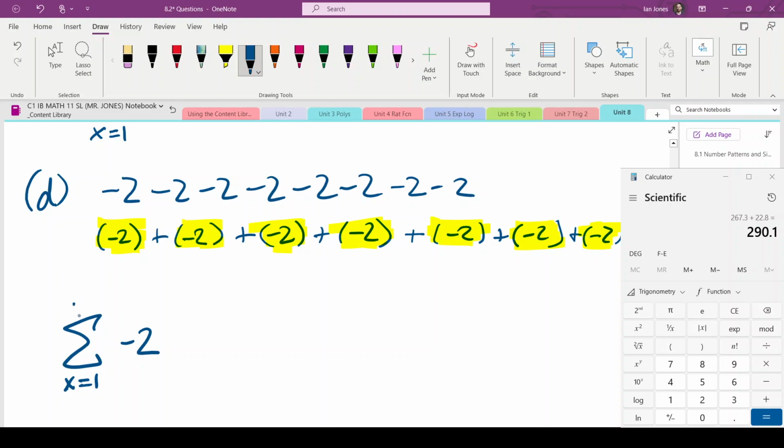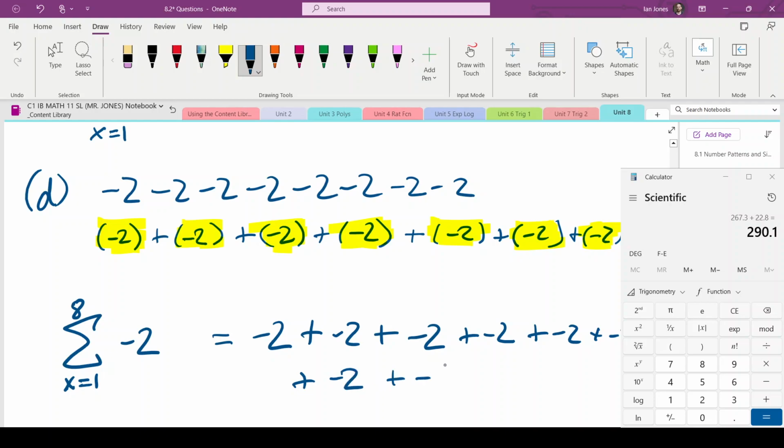So this would do it, right? Think about it. This just says x is 1, we get a -2, plus increase x to 2, we get a -2, plus increase x to 3, oh, we get a -2 again, plus increase x to 4, another -2, increase x to 5, increase x to 6, increase x to 7, increase x to 8, and we're done. Okay, and we've added -2 8 times. That's it.